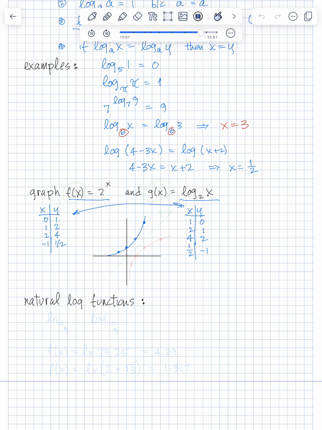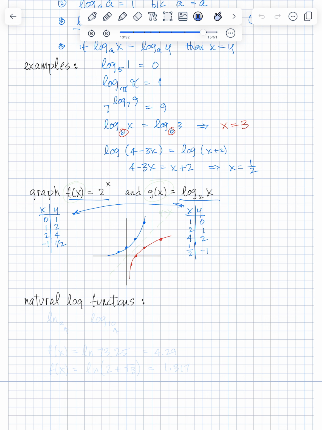So let's plot them. 1, 0, 2, 1, 4, 2, and 1/2, -1. And so this log curve is going to do this.